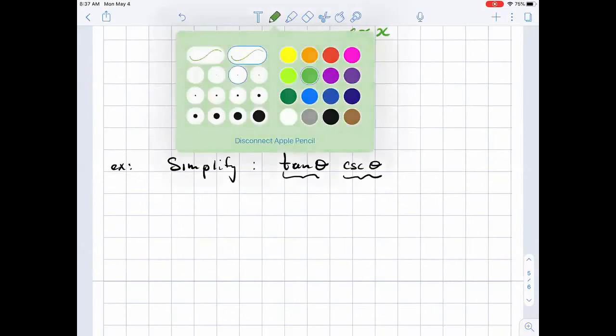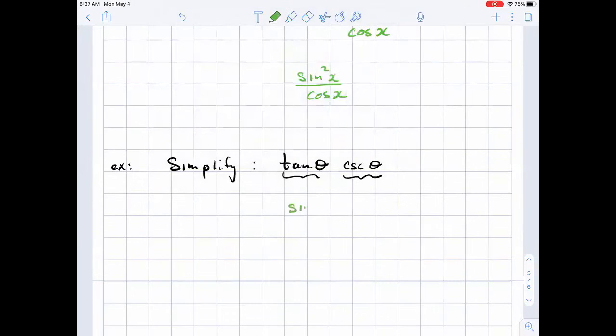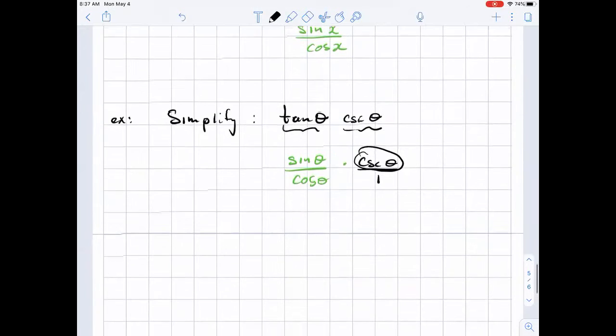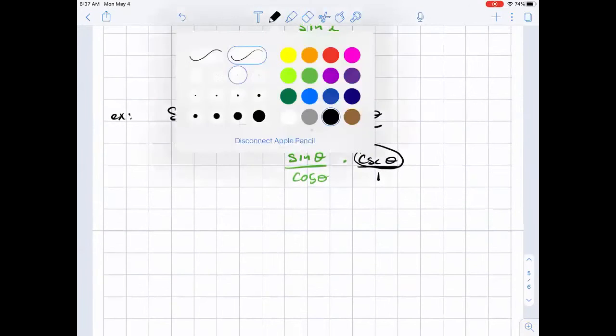Well, if you replace tangent, tangent we know is sine of theta over cosine of theta times cosecant theta, which stays the same, over 1. But you probably can replace cosecant theta too.